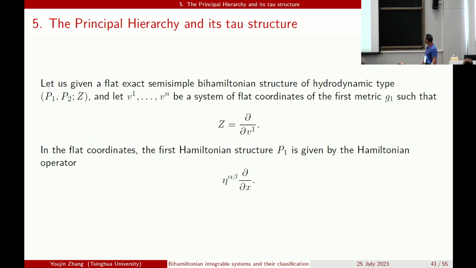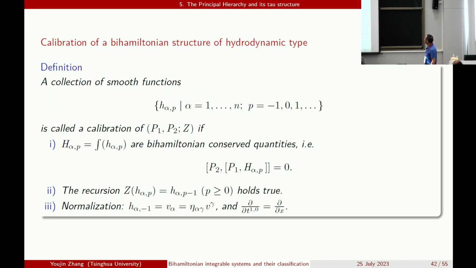Then starting from this flat exact bihamiltonian structure, we can construct an integrable hierarchy, which we now call the principal hierarchy. Okay. So given a bihamiltonian structure of hydrodynamic type, we are given a set of functions on the base manifold M, which we call h_{alpha,p}.